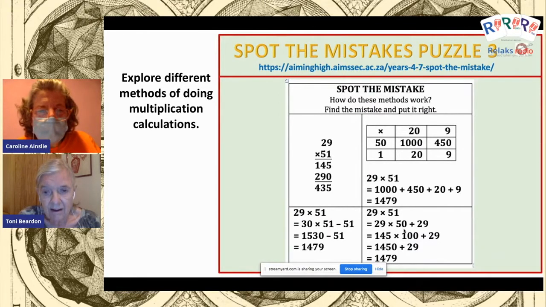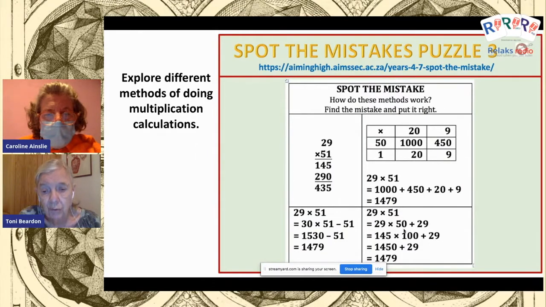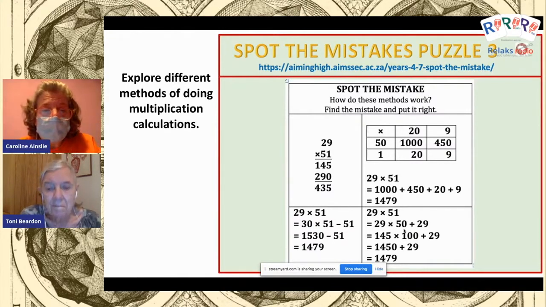So 29 times 51 is okay. The third line, 1450 plus 29, is correct. 1479. Oh, that's correct. Okay, so that calculation. I haven't looked at that third line.